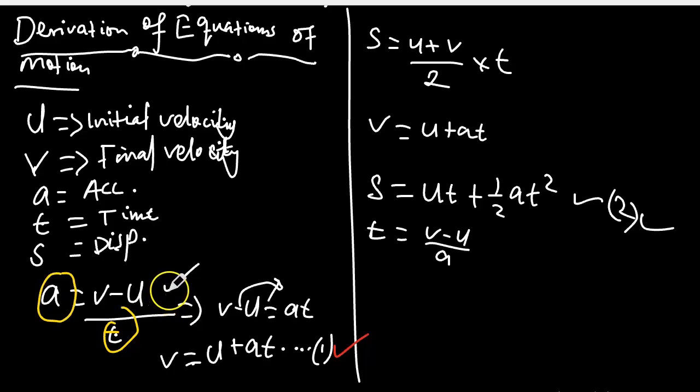What we will have is s equals ut plus a half at squared.